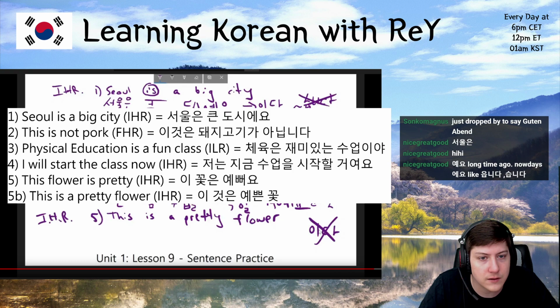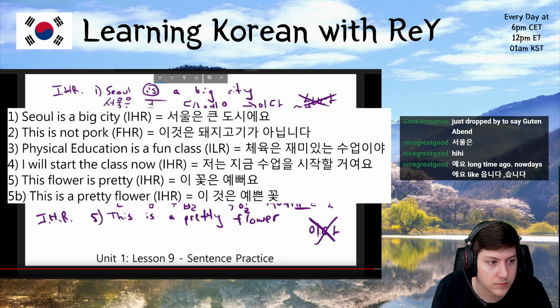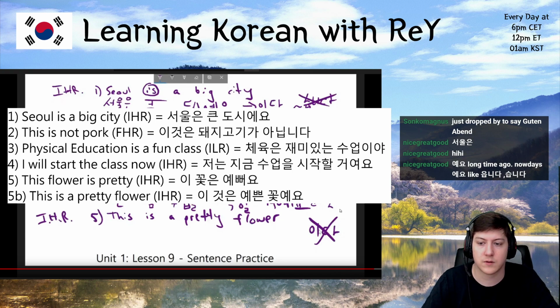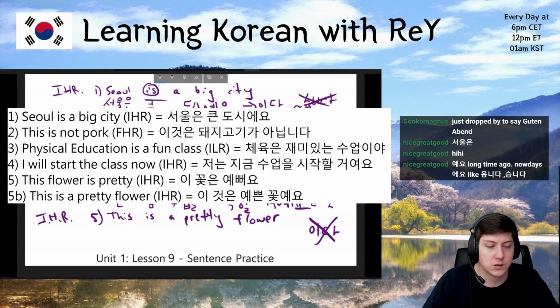What do we have here? I think 이에요. So that's my sentence. 이것은 예쁜 꽃이에요.